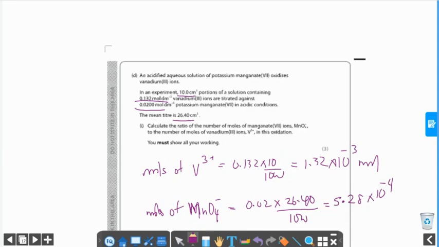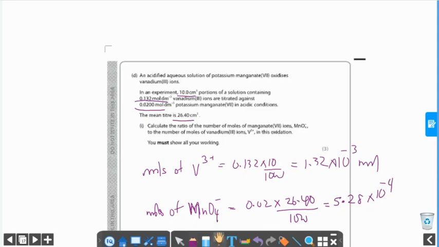How much is that? 2 to 6 point. 10 power minus 4.